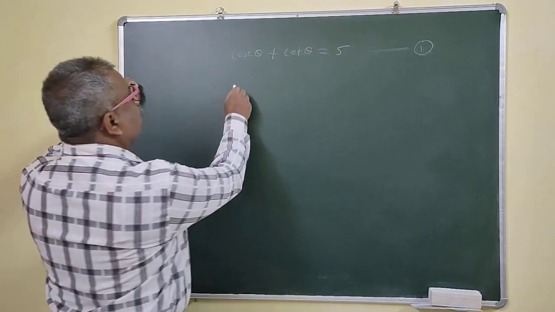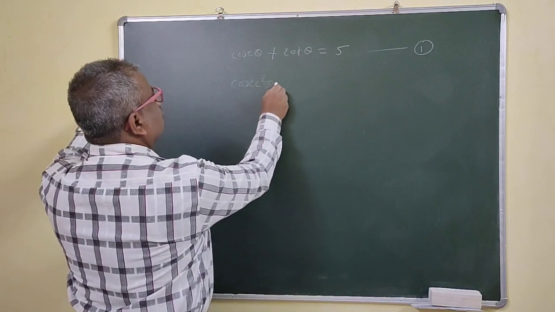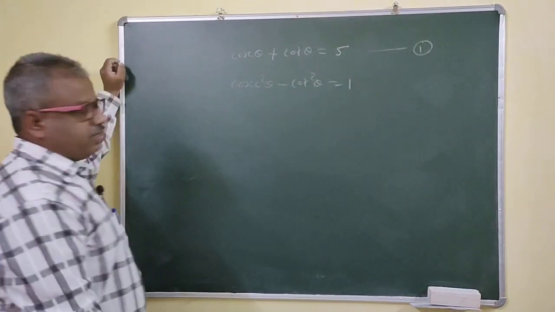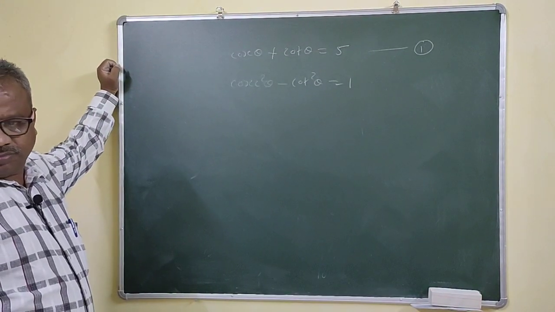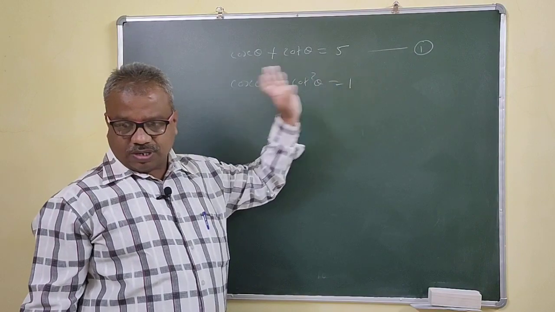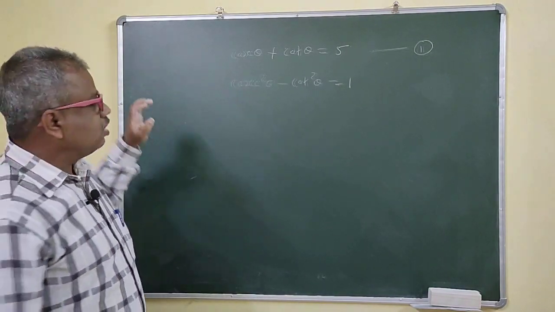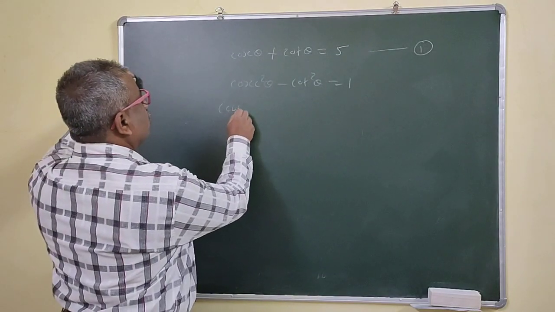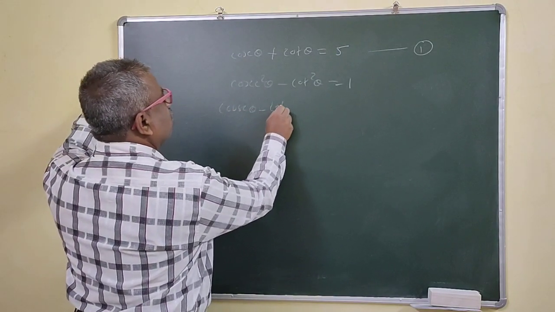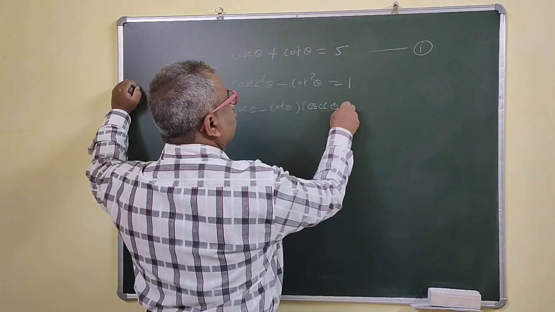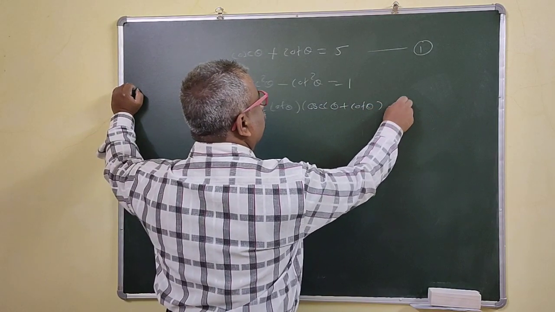What we know is that cosec square theta minus cot square theta is equal to 1. Is it correct? 1 plus cot square theta is cosec square theta is correct. We'll factorize this. The factors: cosec theta minus cot theta, cosec theta plus cot theta is equal to 1.